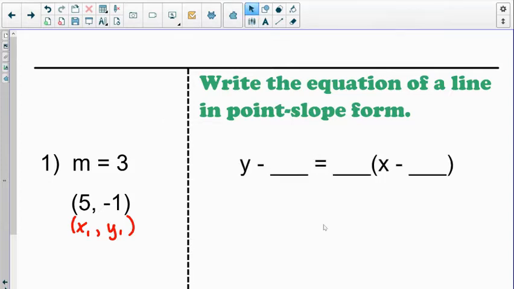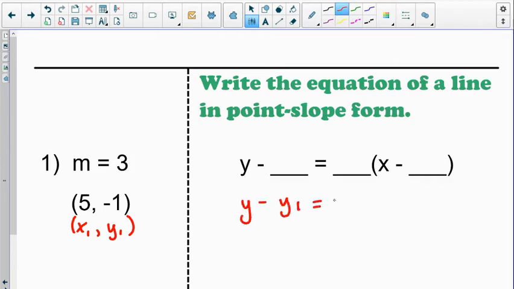Point slope form, think of it as filling in 3 blanks. Remember, it's y minus y sub 1 equals m times x minus x sub 1. It's a formula. Hopefully you wrote that down in your notes. It's super important.